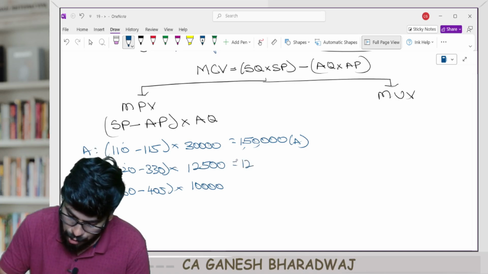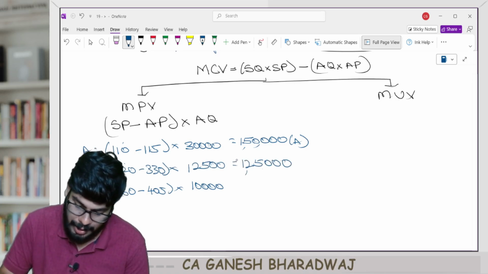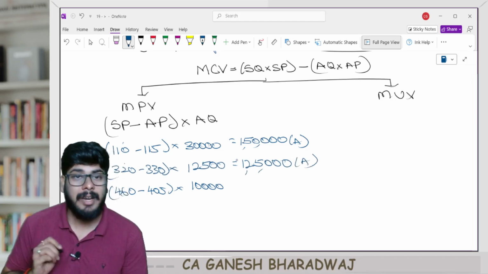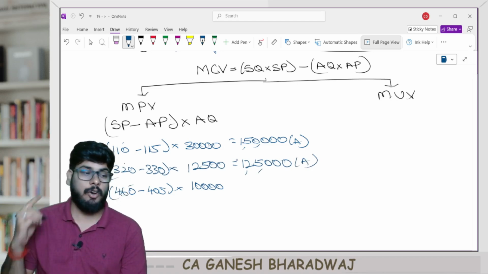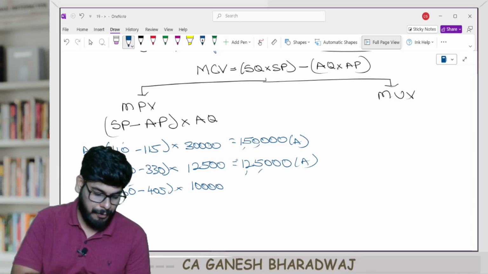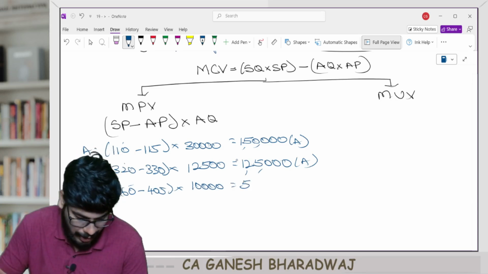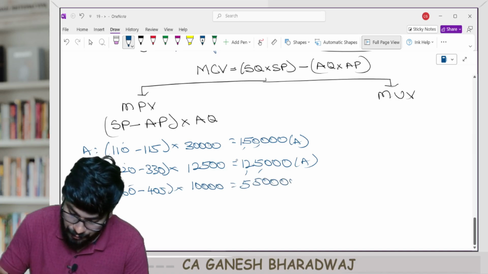It's 1,25,000, once again adverse. Whereas for product C, we are allowed to incur 460 rupees, while you've ended up incurring only 405. You've saved 55 rupees on each of the 10,000 units. It's 5,50,000 rupees of favorable variance.